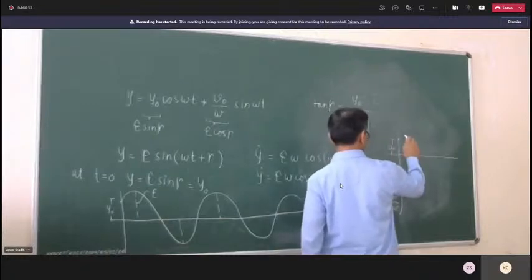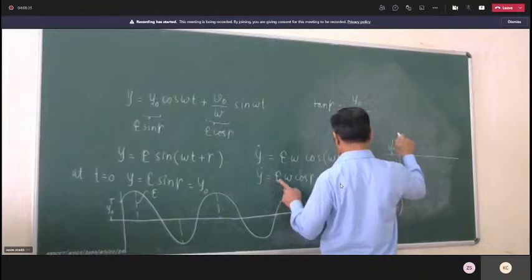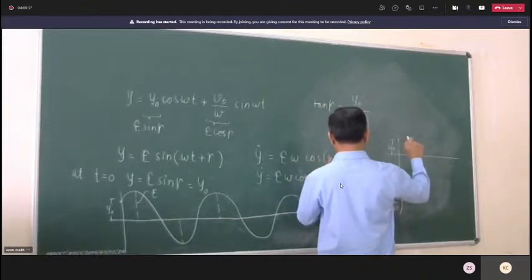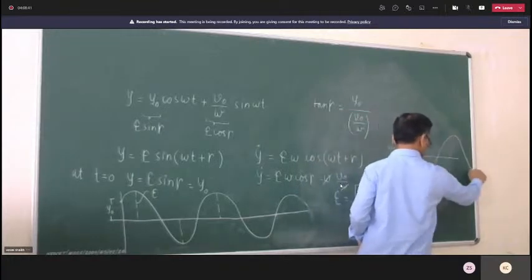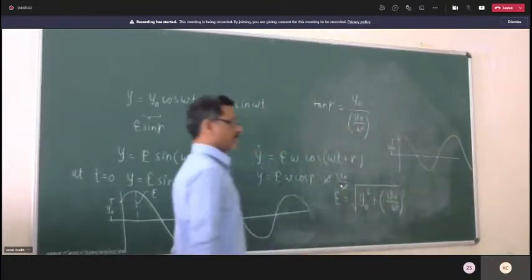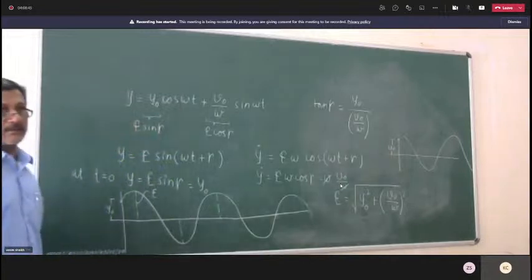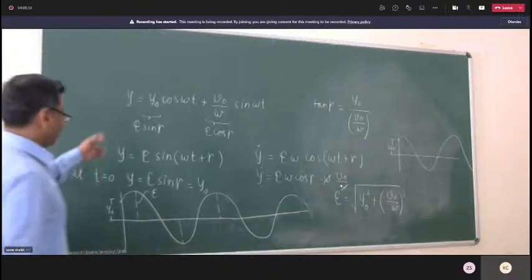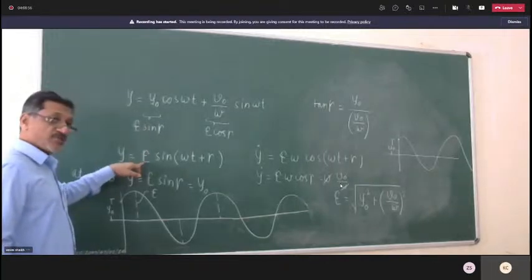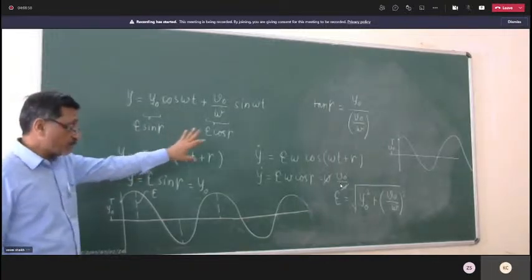The cos graph, right? And as t increases, the graph will be something like this. Why are you plotting on the negative side? Yes. When you convert this equation to this form, you are in a position to plot the graph properly.